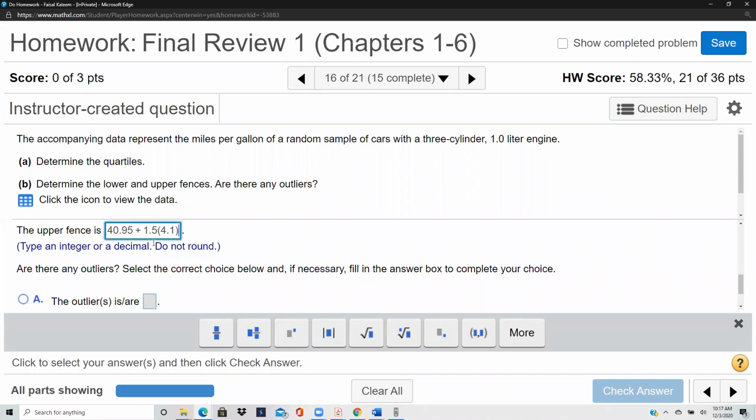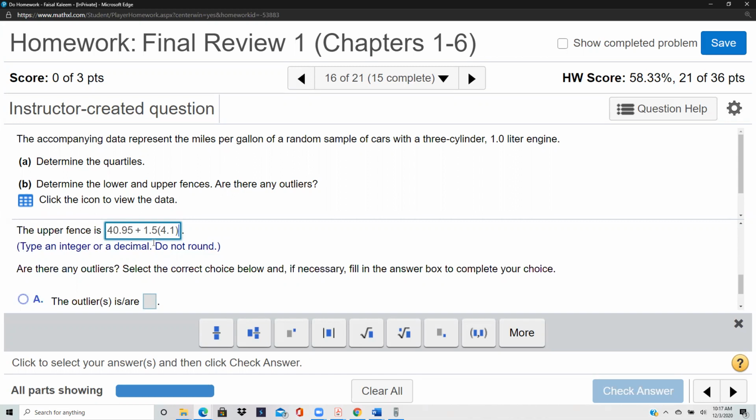No, I think the lower fence was wrong. 41.82.